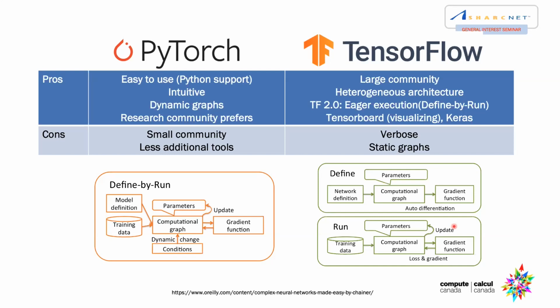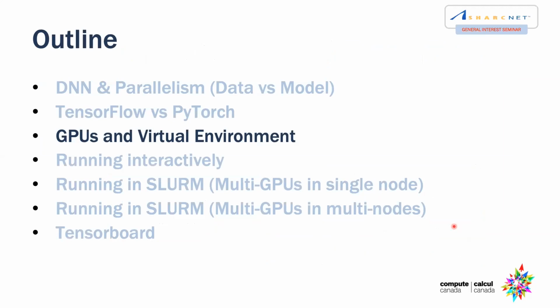It's also difficult to adjust to different inputs, because whenever your input changes, TensorFlow must be written again. PyTorch has the ability to modify the model itself during the run. That's the difference between dynamic and static graphs, by the way.